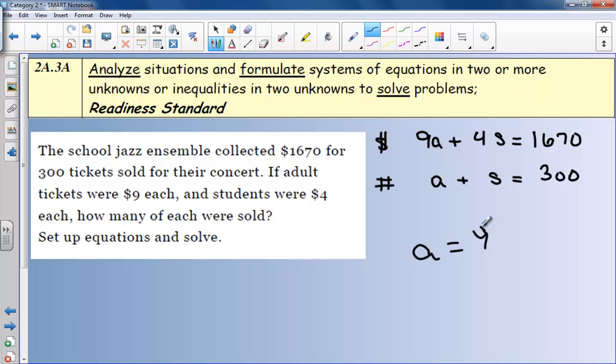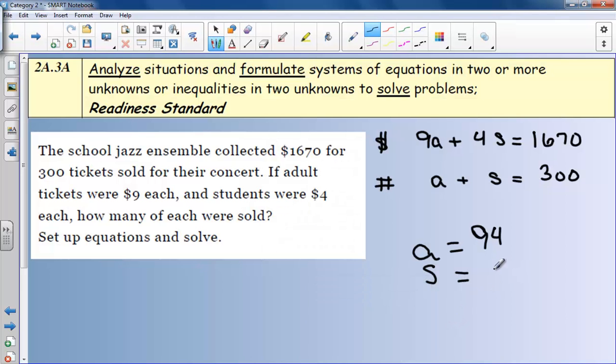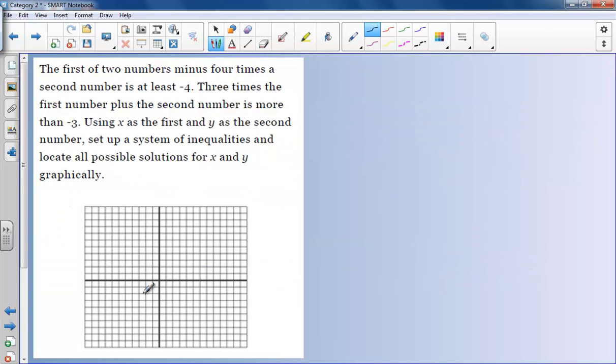So that's going to be your fastest method for solving, but we also need to know the other methods.